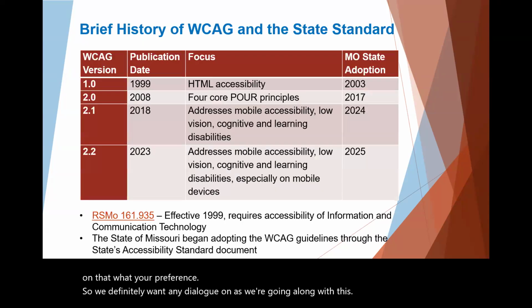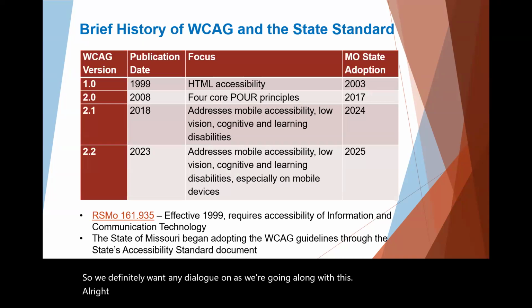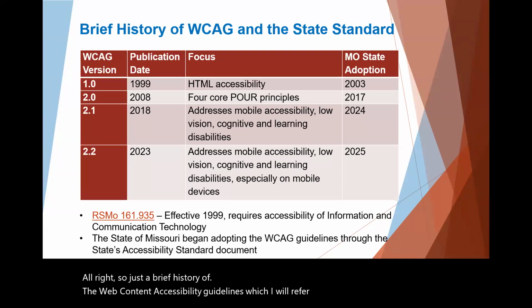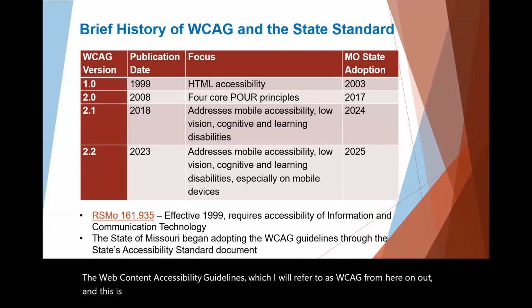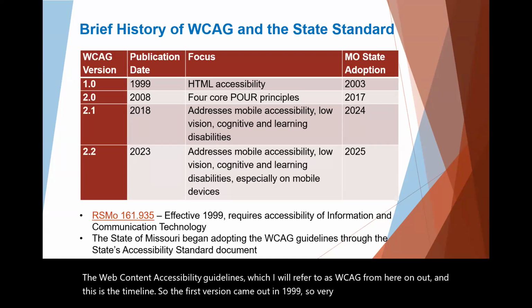All right. So just a brief history of the Web Content Accessibility Guidelines, which I will refer to as WCAG from here on out. This is the timeline. The first version came out in 1999, so very early days of the web.